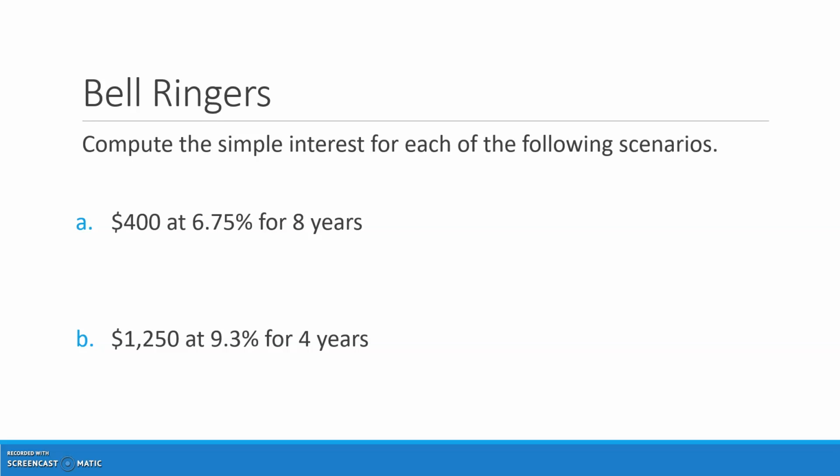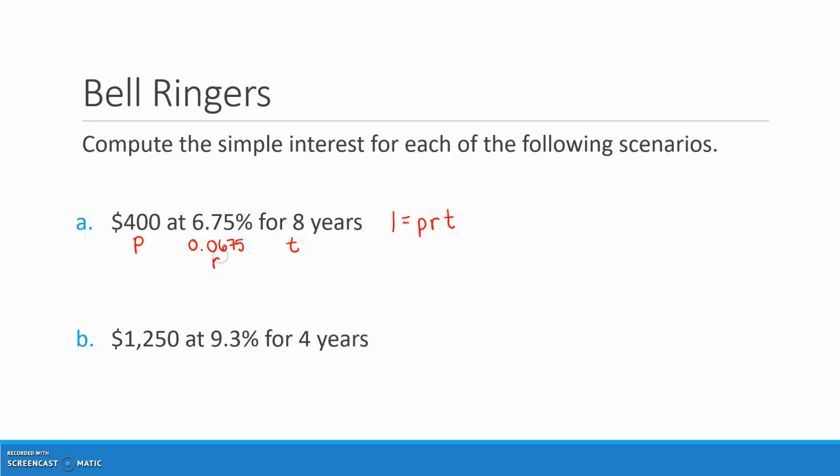So for these problems, if we're doing simple interest, we're using the formula interest equals the principal times the rate times the time. Now, this is going to be our principal. Our principal is the initial amount that is invested or borrowed. This is our rate, but we have to write it as a decimal, so it's going to be 0.0675. And then this is going to be our t value.